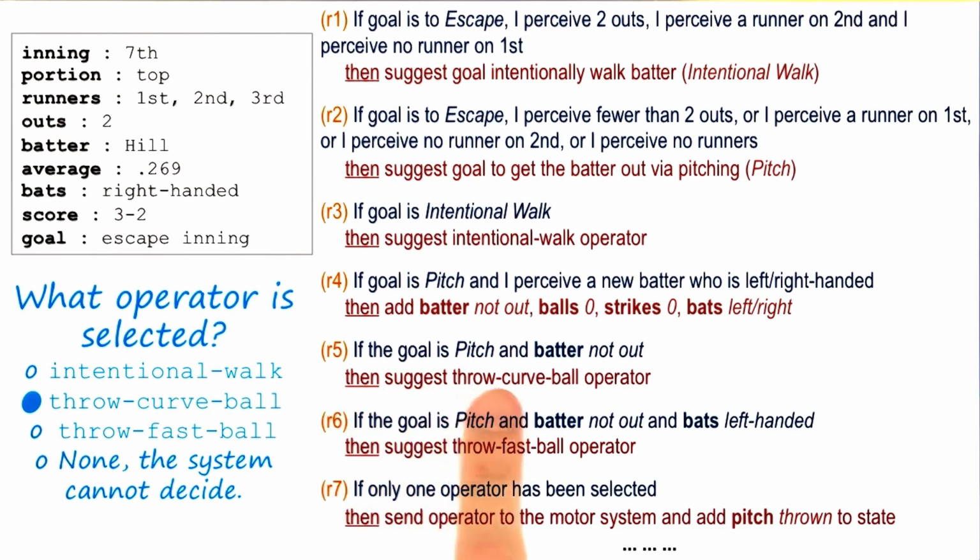Then, the goal is to pitch and the batter is not yet out, so we're going to suggest the throw curveball operator. We then look and see that the batter bats right-handed, so the next rule doesn't fire. So at this point, we've only suggested one operator, the throw curveball operator, so we're going to send that to our motor system. So the answer will be that we'll throw a curveball. That was right, David. Thank you.